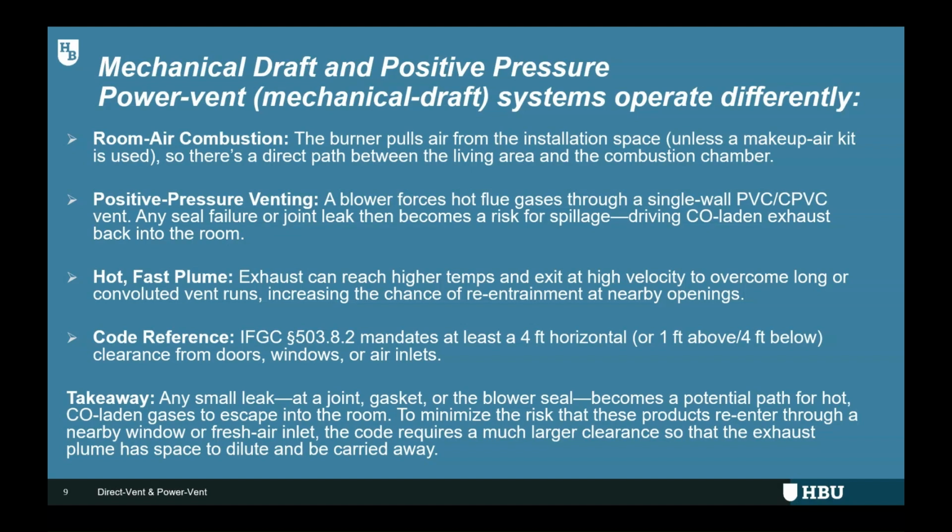This creates a positive pressure within the venting system. Risk of indoor spillage because the vent is under positive pressure. Any small leak at a joint, gasket, or the blower seal can become a pathway for hot carbon monoxide laden gases to be forced out of the vent pipe and into the room.